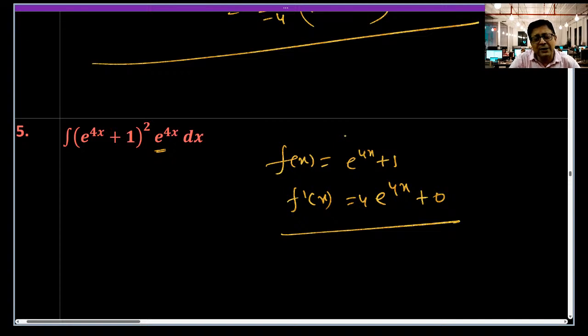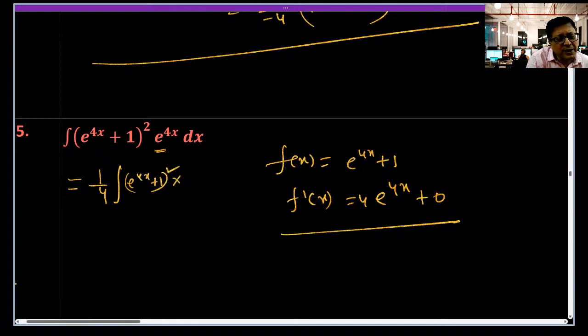So what you will do there? You will multiply and divide by 1 by 4. We have to get that, no? So write 1 by 4 into e to the power 4x plus 1 whole square. Clear? This is again of that form, f(x) to the power n f dash x.